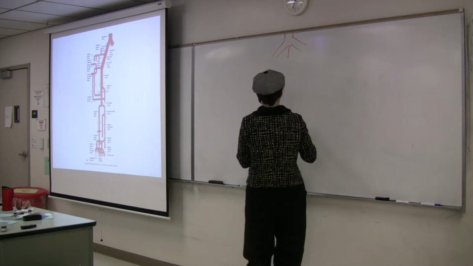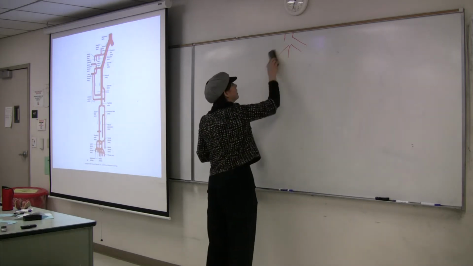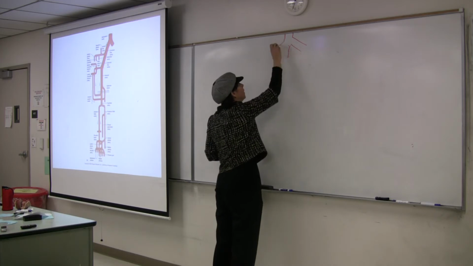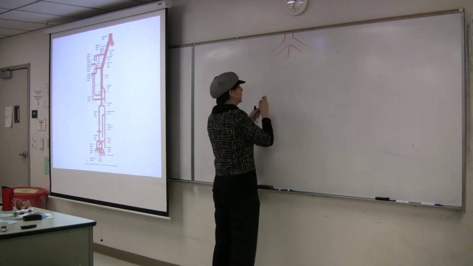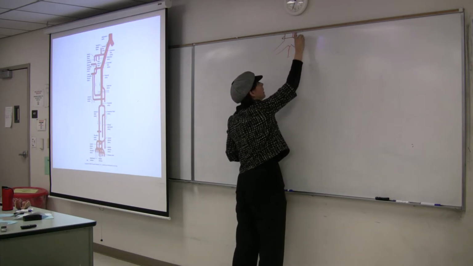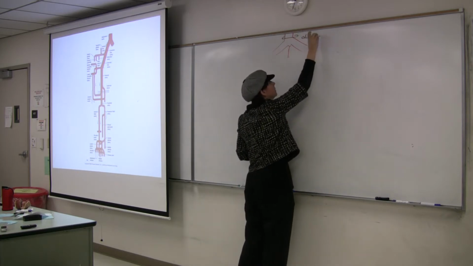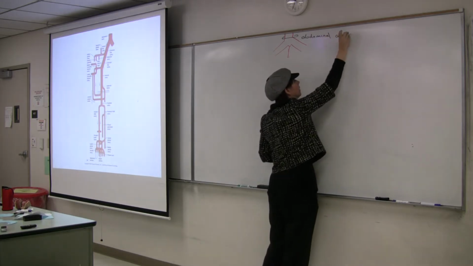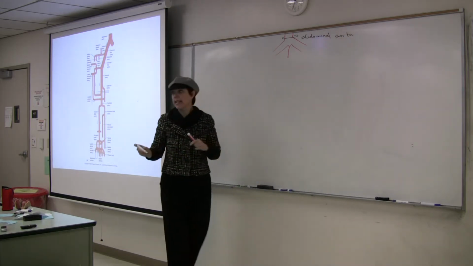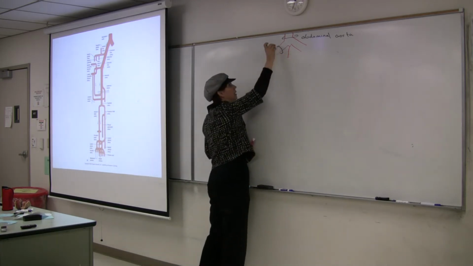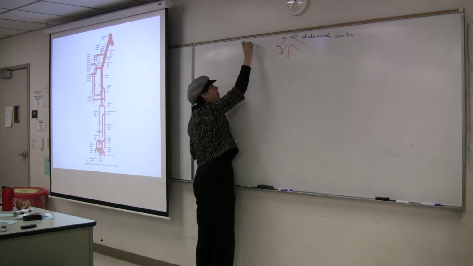It's easier. Abdominal aorta. And then it ends by forming 2 branches, left and right, common iliac.